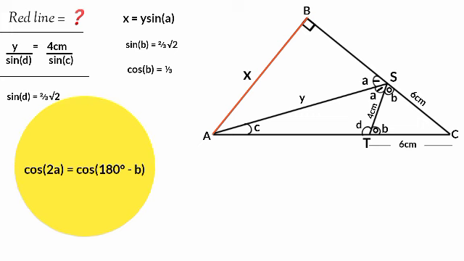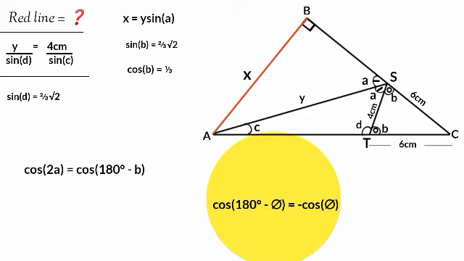So cos 2A equals cos of 180 degrees minus B. From trigonometry, we know the cosine of 180 degrees minus theta is negative cosine of theta. That is, cosine of 180 degrees minus B is negative cosine of B. So cos 2A equals minus cos B.